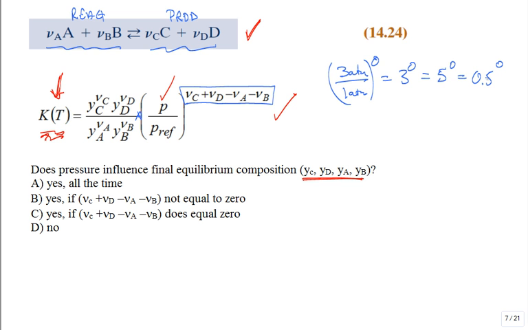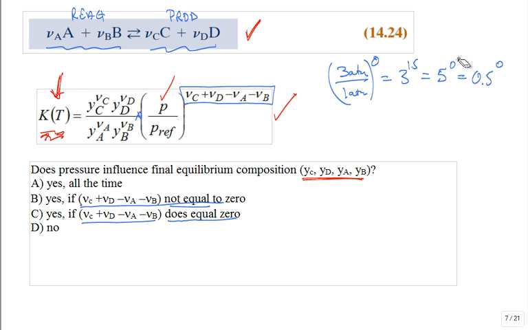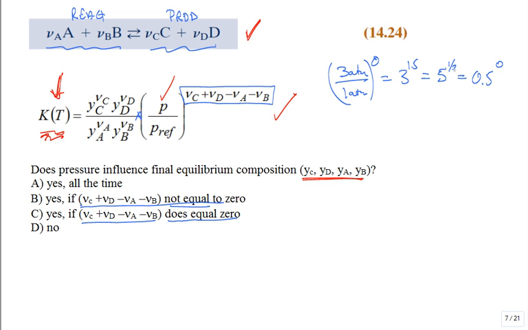And so when this sum does equal 0, pressure does not influence it. When it does not equal 0, that's when it'll be like 3 to the 1.5 or 5 to the 1/2 or something. When this is not equal to 0, that's when pressure does have an impact.